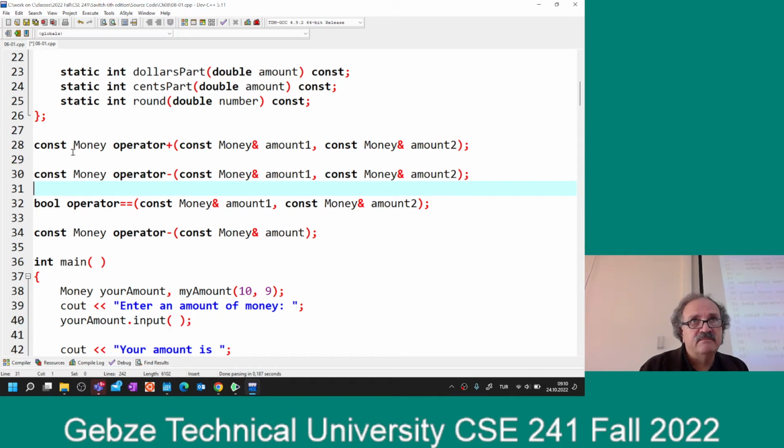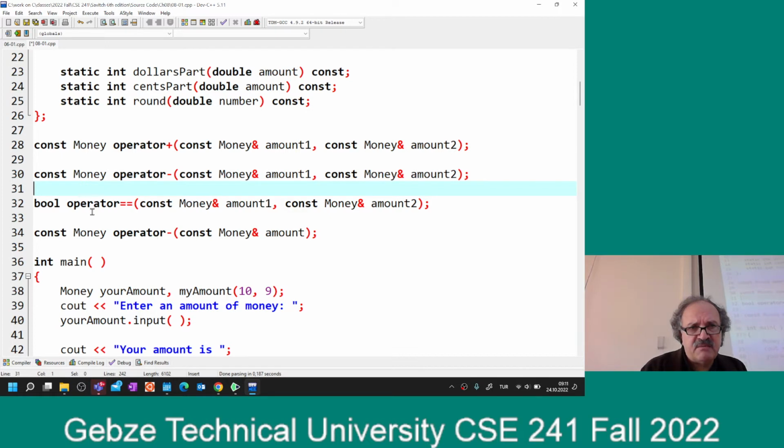Why does it return const? We'll talk about it later. It will take two money objects again, and it will return another money. Let's look at the implementation of this equal to operator. Well, let's look at this one. Another constant, right?